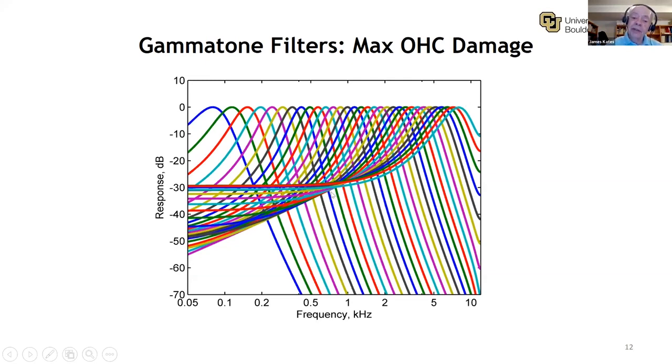But we also change the filter shape so that the ability of the auditory filter to reject intense low frequency sounds in the impaired ear is greatly reduced compared to the healthy ear. And we've tried to reproduce that in the peripheral model that we're using.